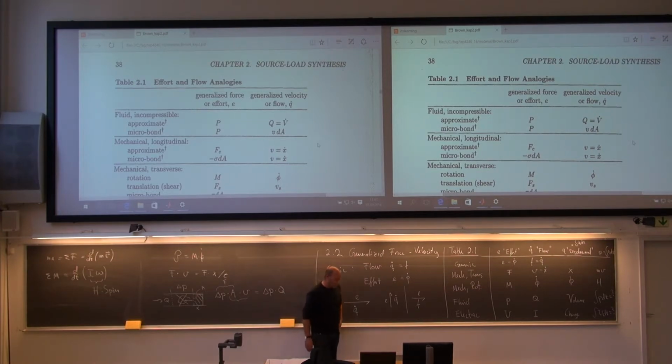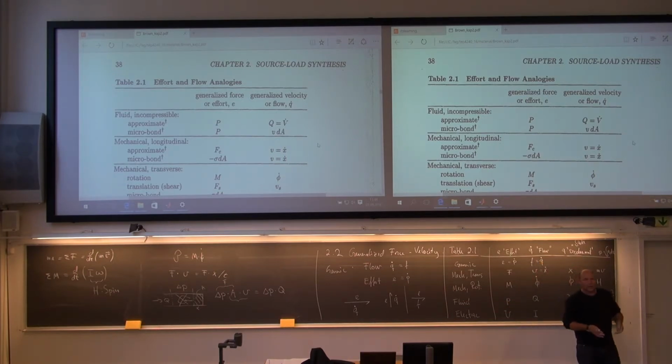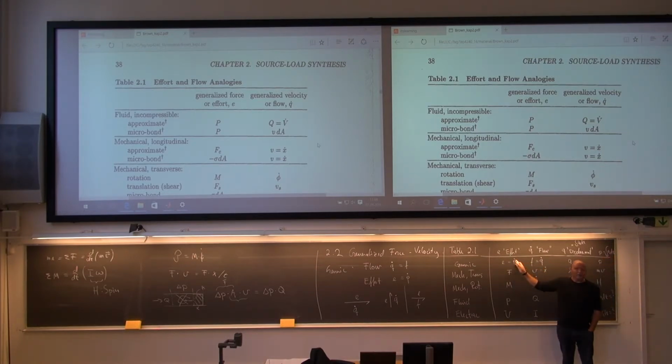Because we are going to mix up a problem. Part of the problem will be mechanical, another part will be fluid, and a third part can be electrical. So we mix a lot of different energy domains in the same problem. So we use the generic symbols all the time: e and f, and here then q and small p. So we use these letters for any problem.